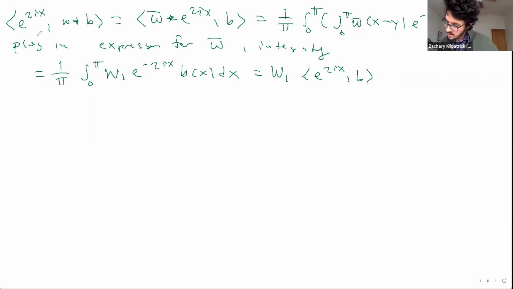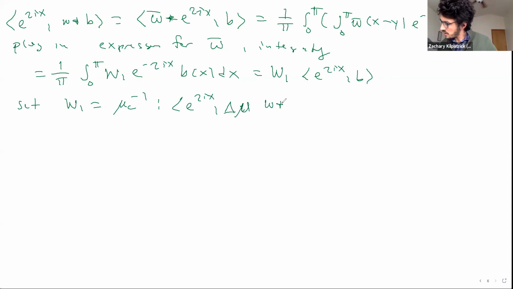Okay, so if we set w1 equal to mu c to the minus 1, because it is in our particular case, then we have that e to the 2ix delta mu w star u1 is going to be equal to mu c to the minus 1 delta mu z, okay?